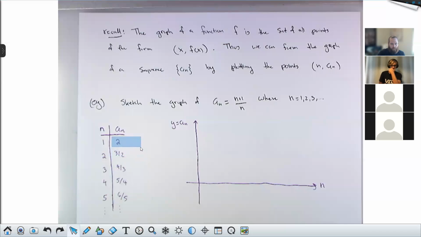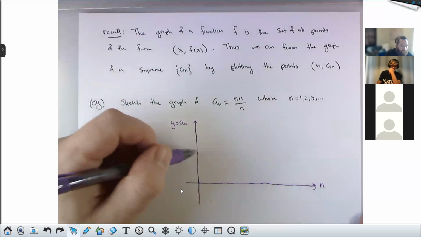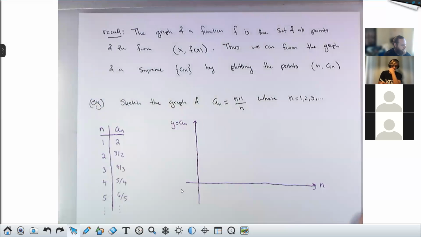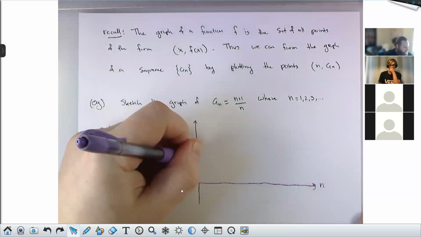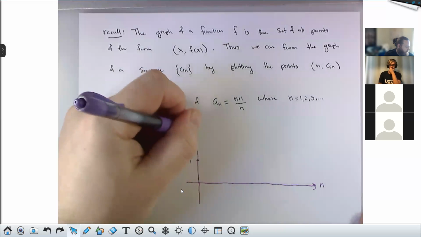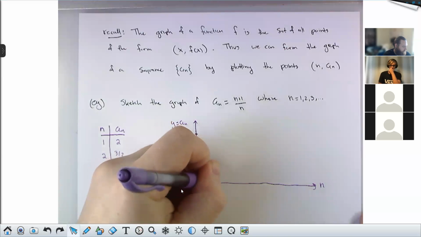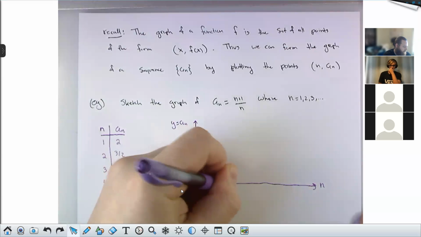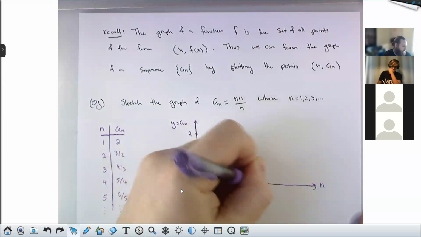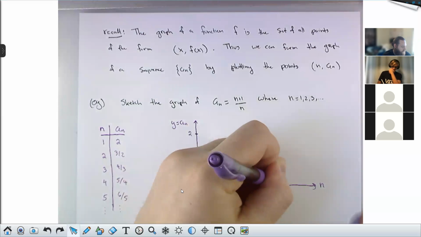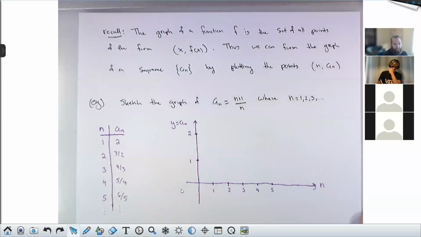The largest one is 2. This is 2, 1.5, 1.3333, 1.25, 1.2. So it wouldn't make sense for me to go 1, 2, 3, 4, 5 like on my y-axis here. Let me mark this as 1, 2. And then on my horizontal axis, I'll make it smaller. 1. Something like that.